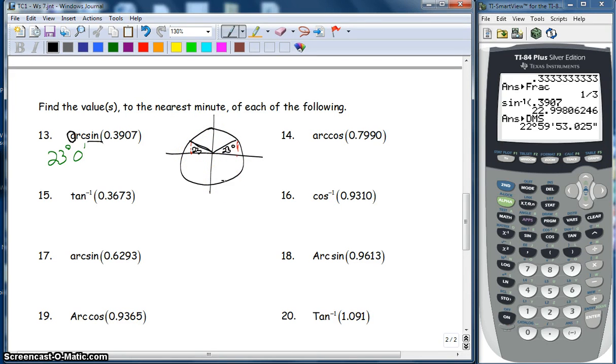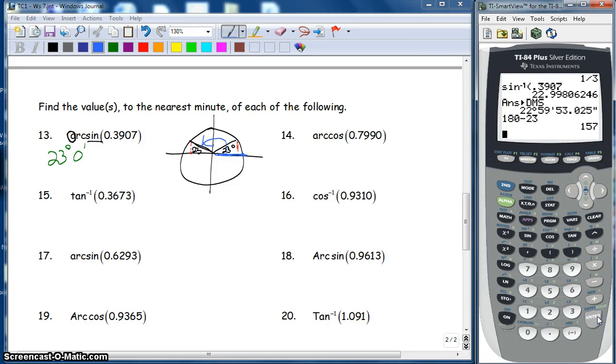So we need to find out the positive angle from 0. So the full angle would be 180 minus the 23. So when we do 180 minus 23, you should get 157 degrees, 0 minutes. So the other angle is at 157 degrees and 0 minutes.